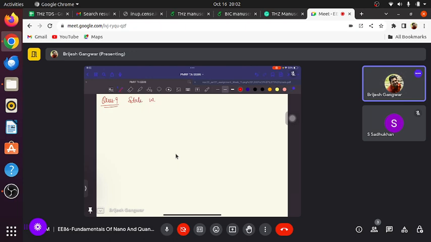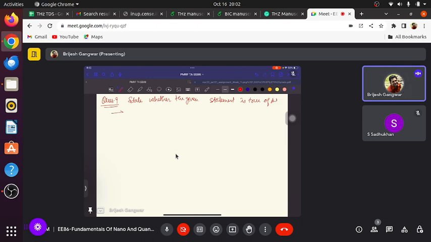State whether the given statement is true or false.